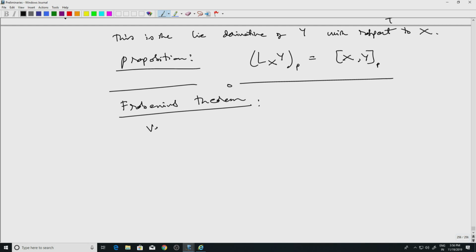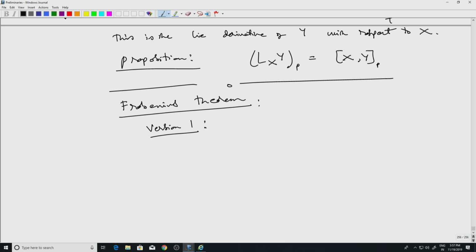The first one is version 1. Here again the Lie bracket plays a crucial role in both these theorems, and in version 1 one asks the following question.